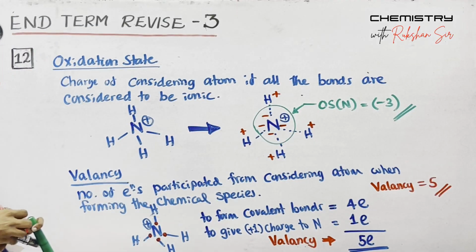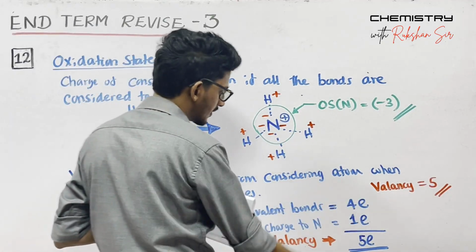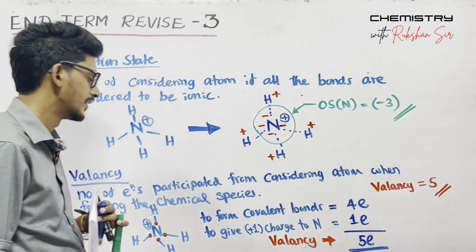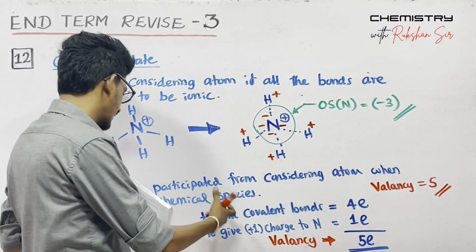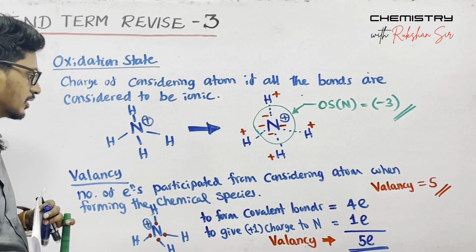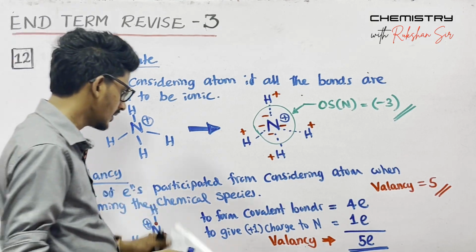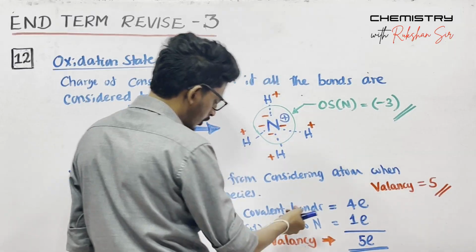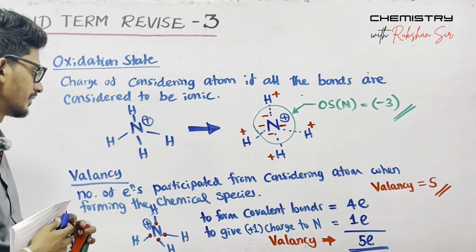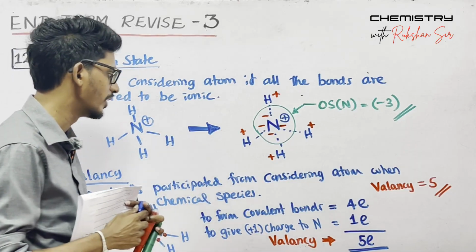Valency is the number of electrons participated from the considered atom when forming the chemical species. The valency from electrons participating in forming covalent bonds is referred to as the covalency.